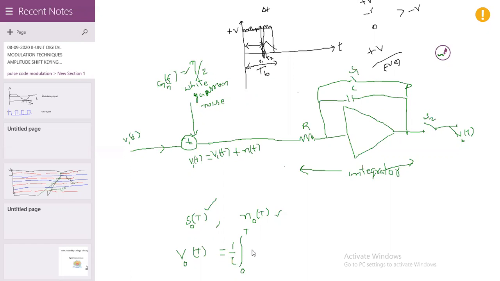What is the received signal? That is Vi of t into dt.